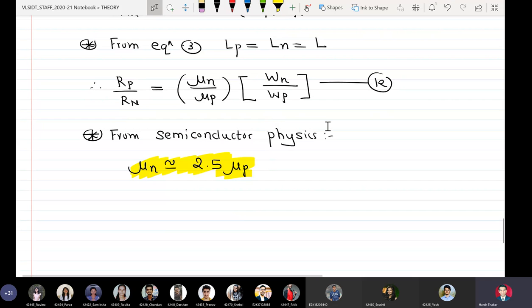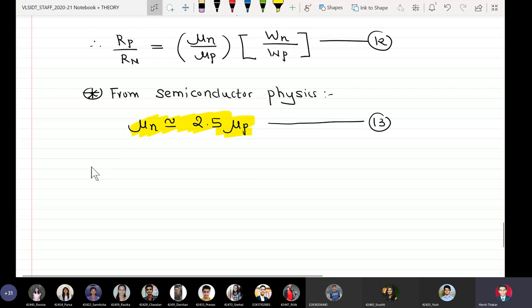So what we do is that we substitute this relationship in equation number 12.